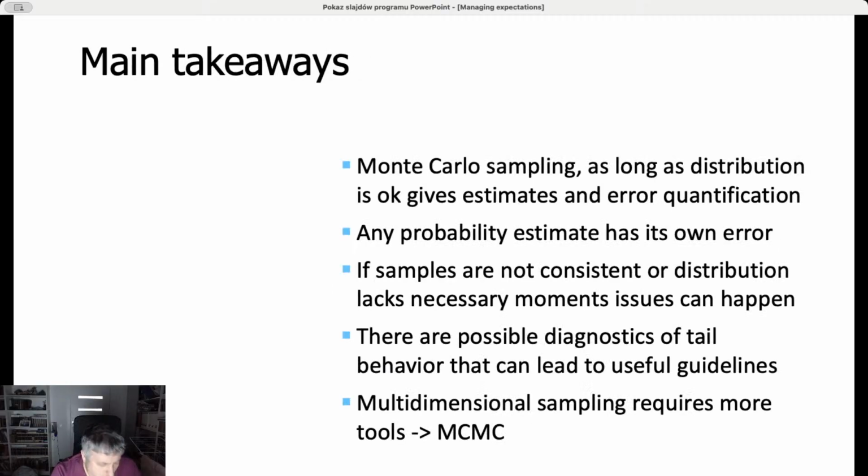So, what are our main takeaways from this part of the lectures, the part from Friday and now? Monte Carlo sampling, as long as the distribution is not absolutely heavy-tailed, gives us good estimates and error quantification. In the case of heavy-tailed distributions, we still can do something using proper transformation of variables and formulating our goals so that they make sense.